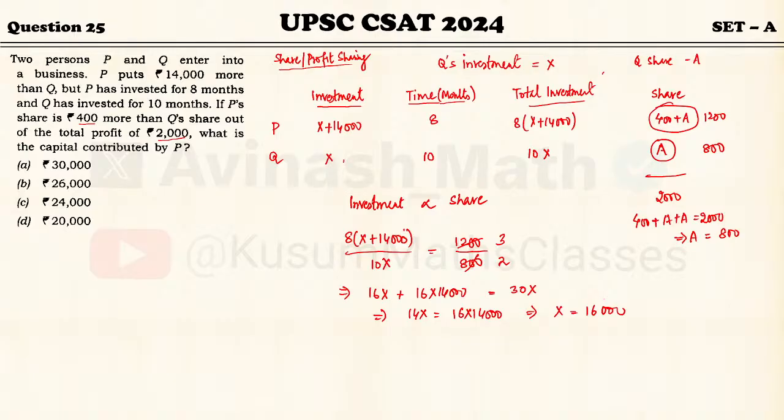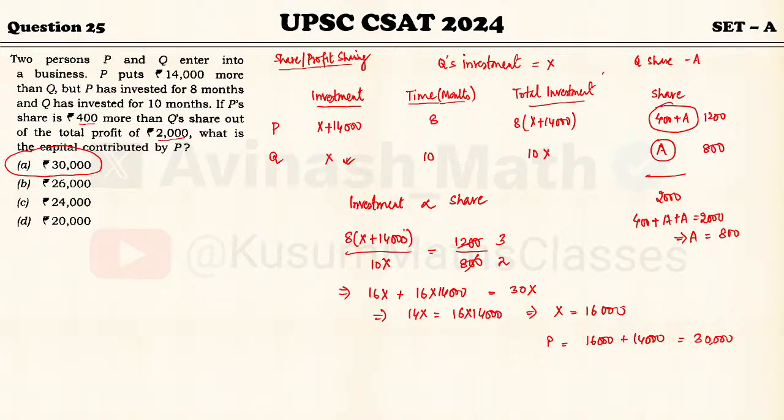So Q's contribution is 16,000, right? Then P's contribution, that is what the question is asking, is 16,000 plus 14,000. It is nothing but 30,000 rupees. So in this question, you need to actually find out the total investment.